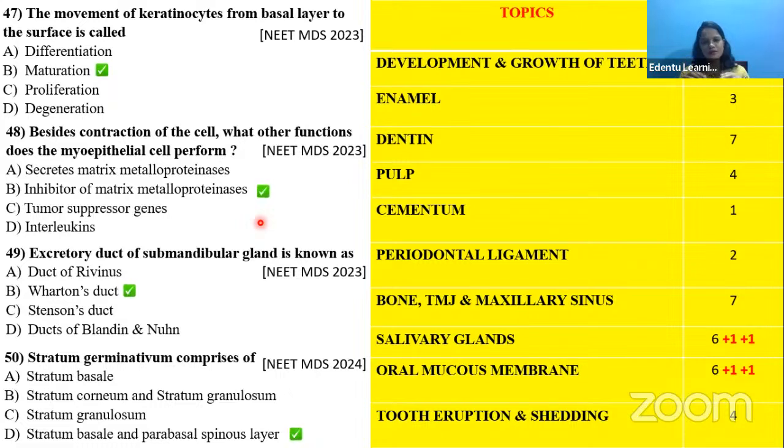One cell stays in the basal layer and keeps on proliferating. Another cell goes to the next layer. From the basal layer it goes to the spinosum layer, then to the granulosum layer, then to the corneal layer. Like that, it goes up and up. Once it goes from the basal layer up to the corneal layer, that is called the maturation process.